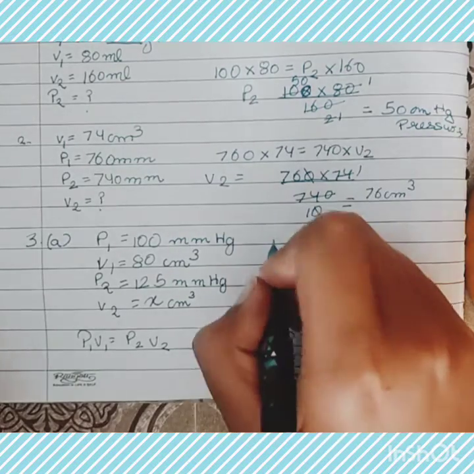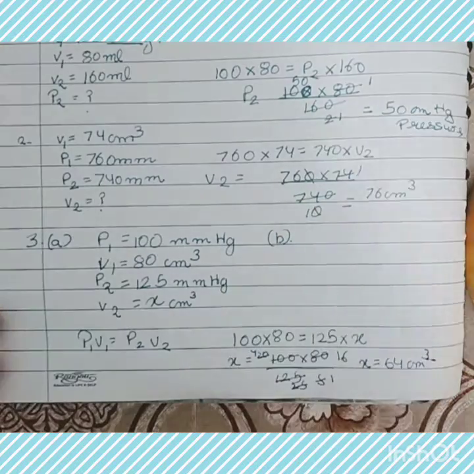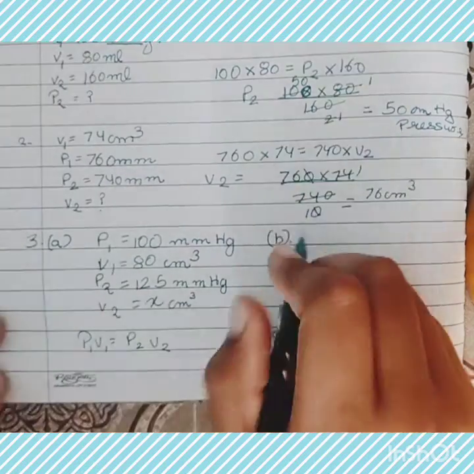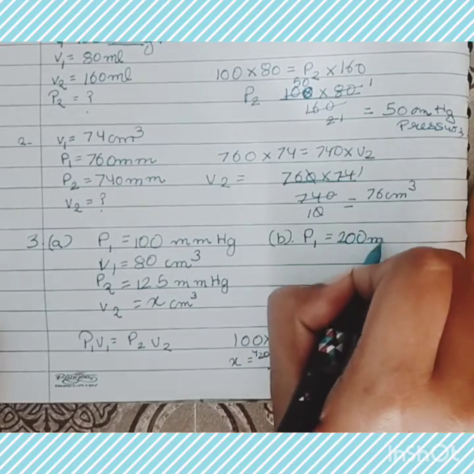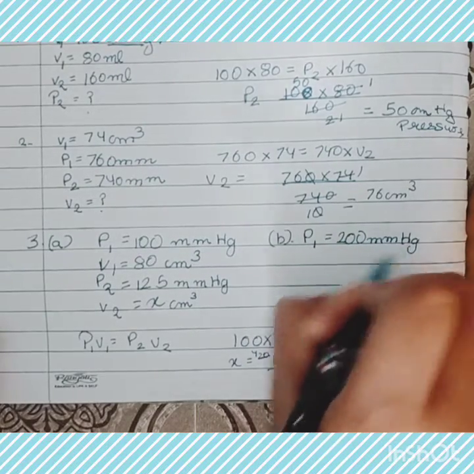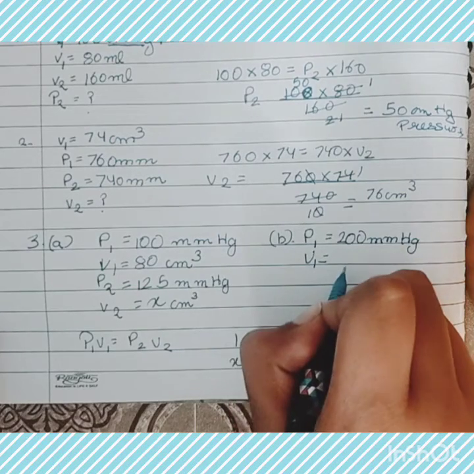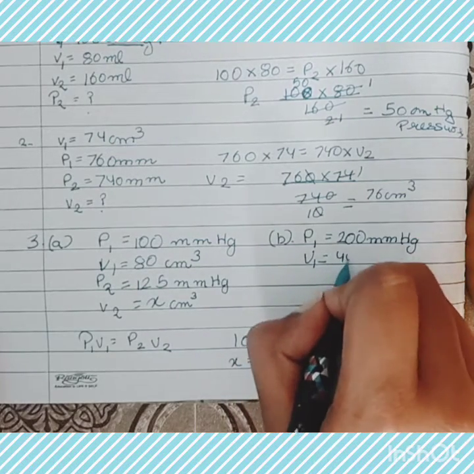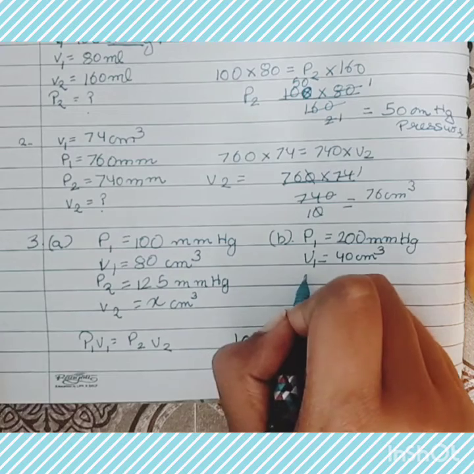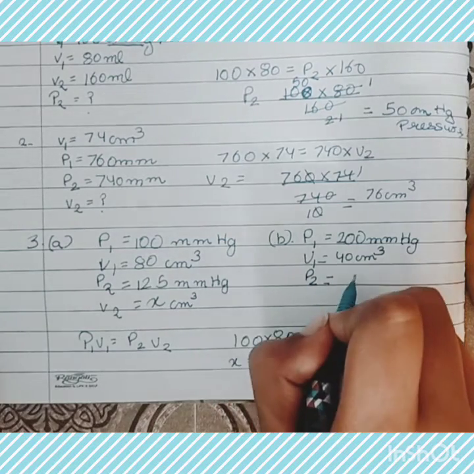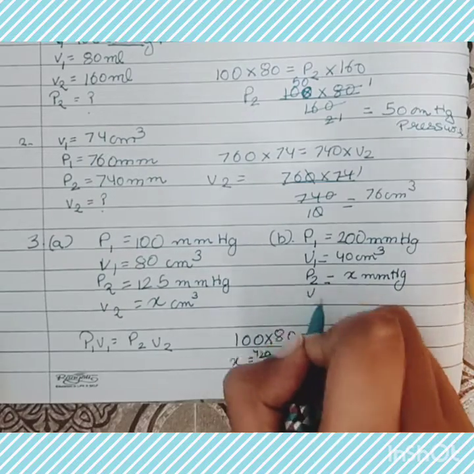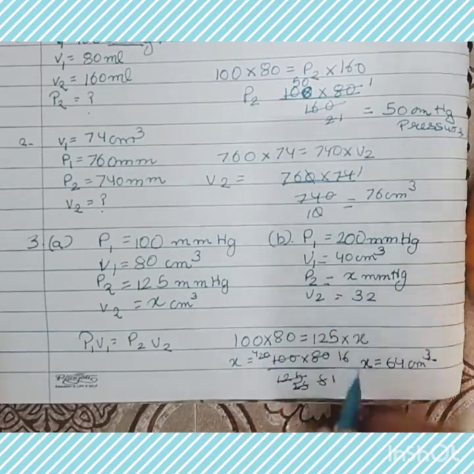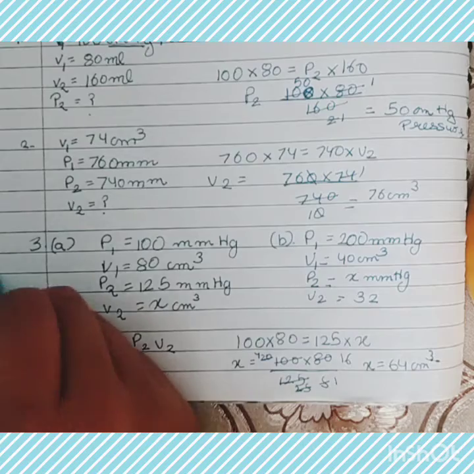Then the B part. B part says pressure P1 equals 200 mm Hg. V1 equals 40 centimeter cube. P2 we have to find, X mm Hg, and V2 equals 32. So we'll do the calculation over here.